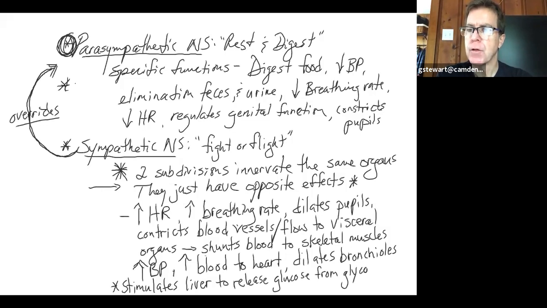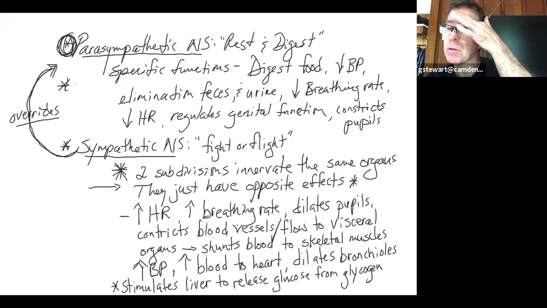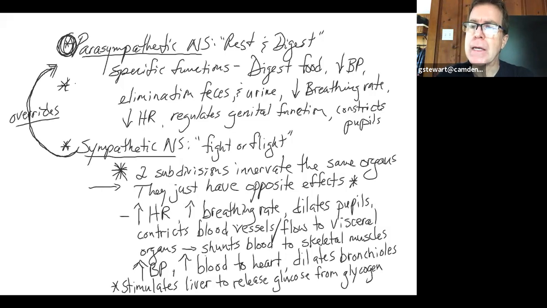So the liver stores glucose, sugar, in the form of glycogen. And don't worry about that so much. It just hooks a bunch of glucose molecules together, links them together. And when our body needs that fuel source, the liver has the ability to break that stored glycogen apart and release it as glucose into the bloodstream.